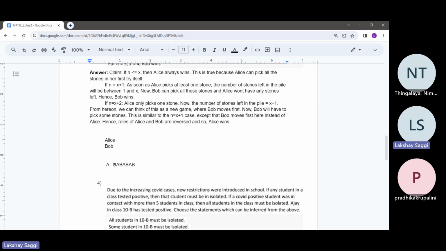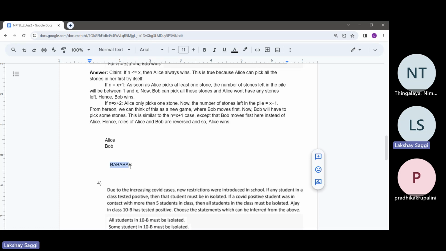Now we can think of this as a completely new instance of the problem. After Alice has moved her one step, the earlier history becomes obsolete, right? The only remaining fact which is important to us is that the number of stones has become x plus 1.